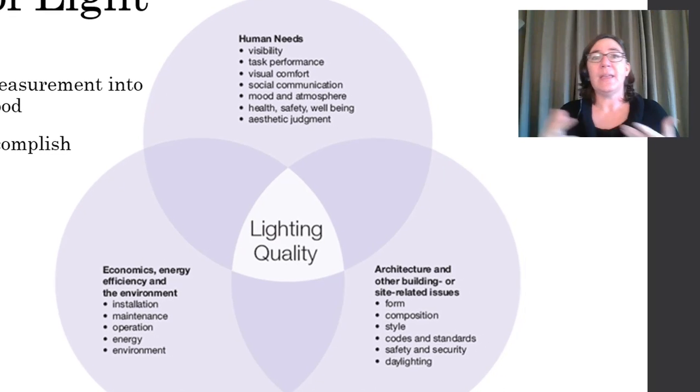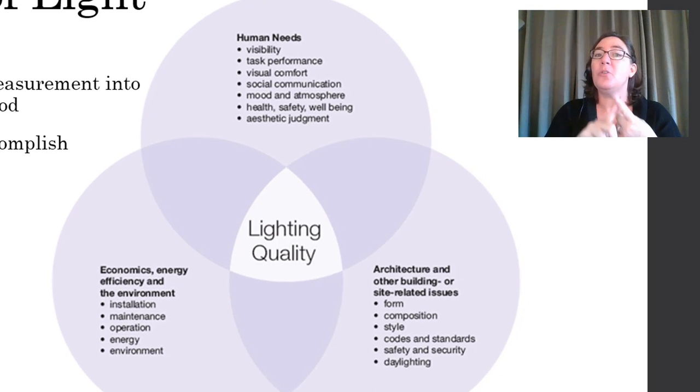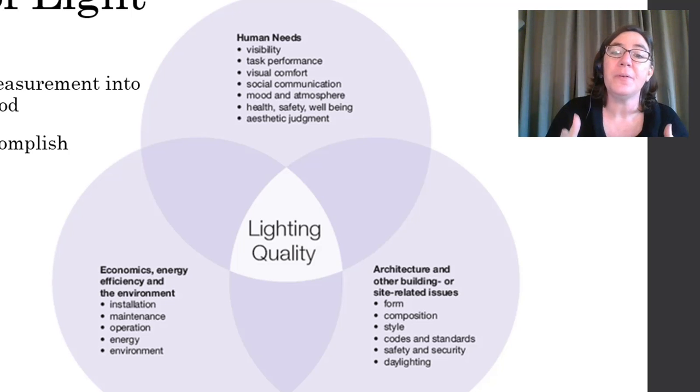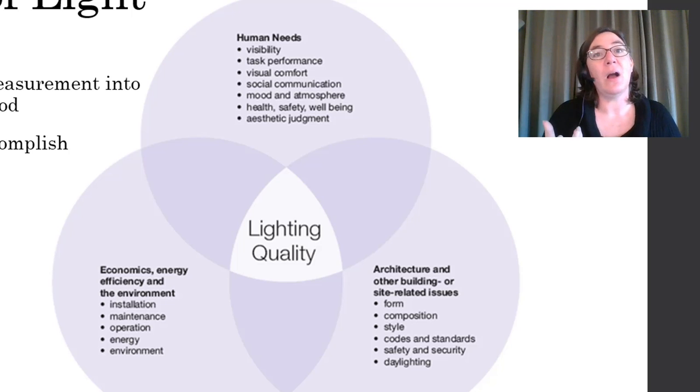And so those three areas are human needs, including visibility, task performance, visual comfort, social communications. We have to be able to see each other's faces, mood and atmosphere, we were just discussing, health, safety, and well-being, and aesthetic judgment. So we need all of those pieces to really call our environment a quality lighting environment.